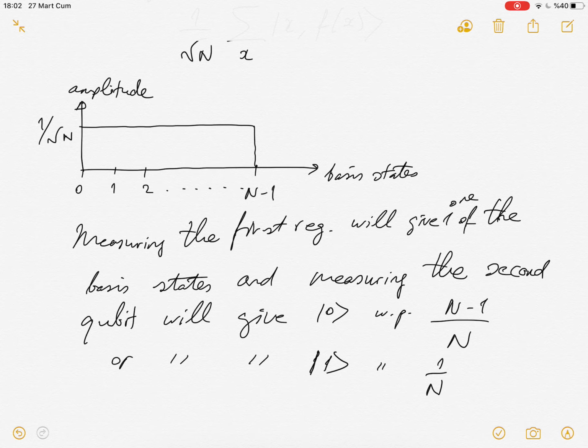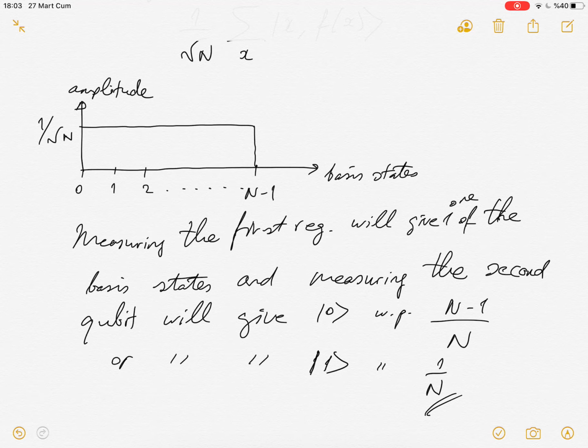So the chance of observing ket 1 upon measuring the second register is only 1 over n. And since the first register and the second register are entangled, if we measure ket 1 in the second register, then that means that we have found the key value. But this is very unlikely. So as n grows, the probability of finding the correct key value gets very low. Okay? So we need to find a better solution.